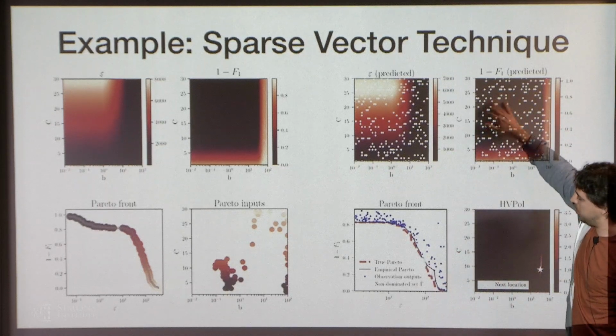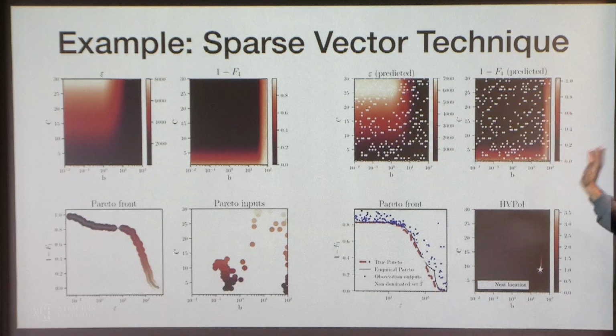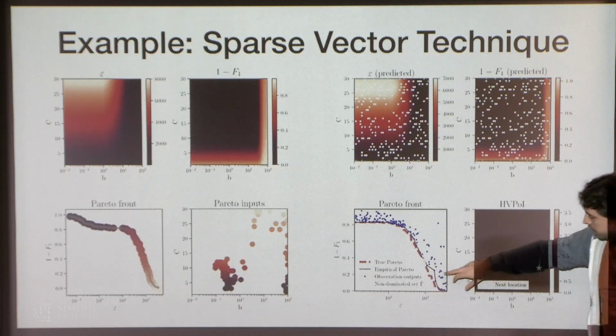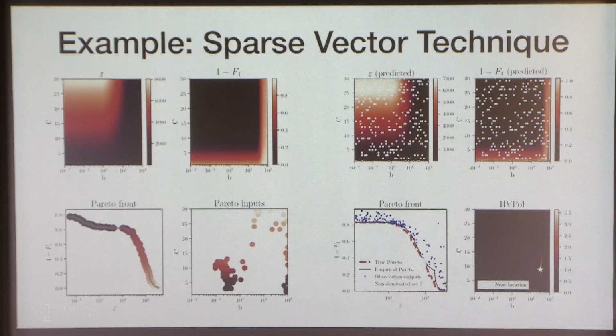So here, we're not going to get much in the Pareto front. So the model has learned that, and we have a region here where it would be interesting to sample, and there's another region here that I don't know if you can see in these plots. But the point is that the acquisition function decides to sample here, which is actually a point that is trying to close this gap here in the Pareto front. So it's kind of doing what it's supposed to be doing.